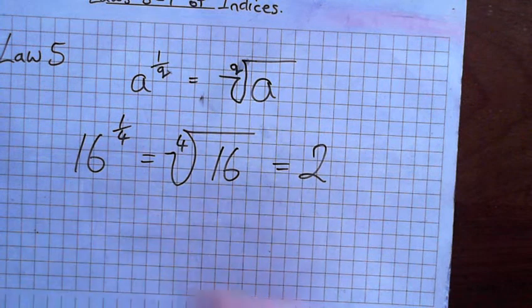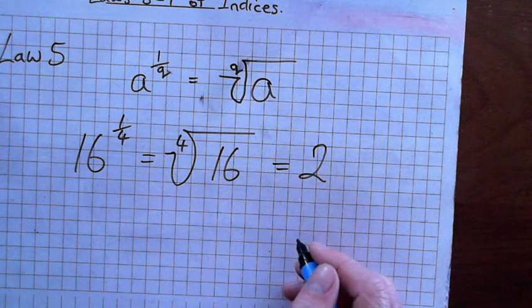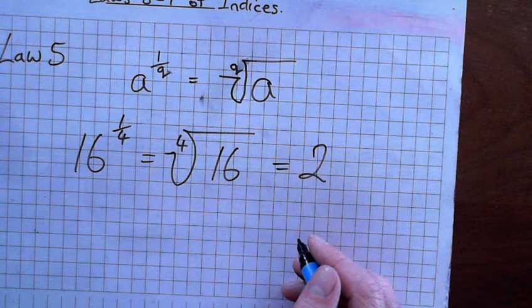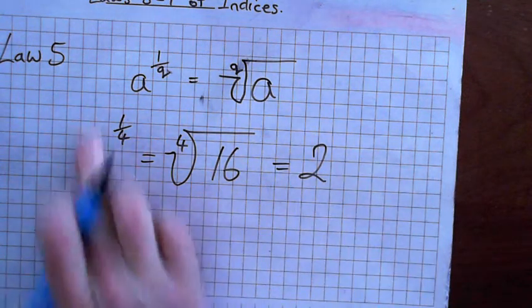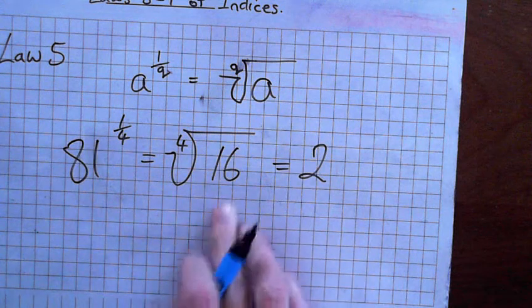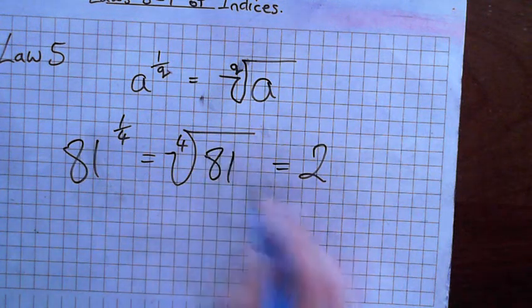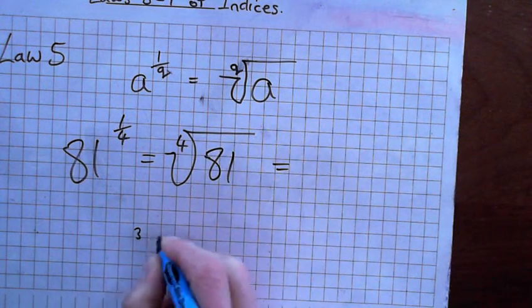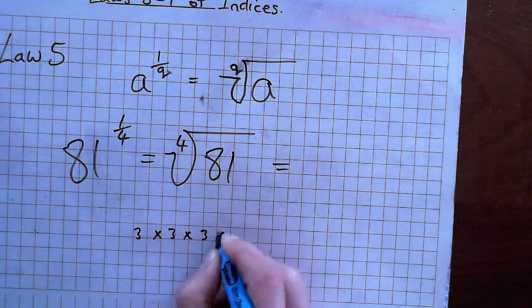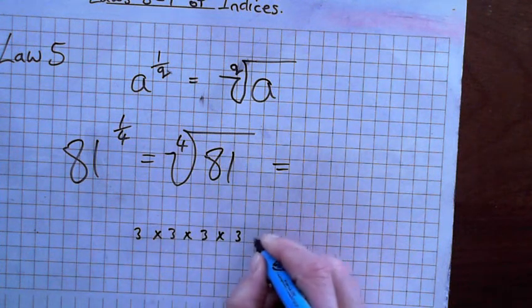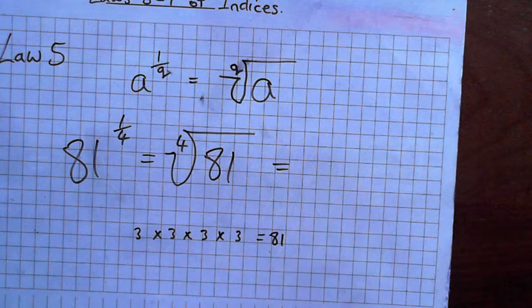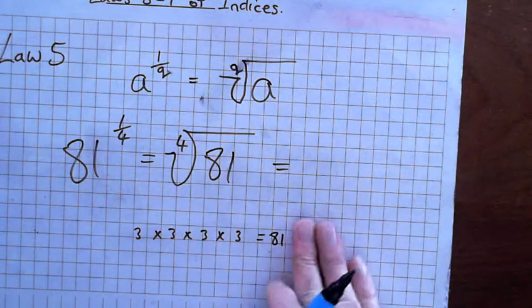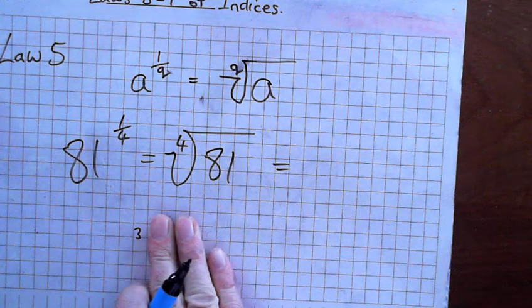If I went 3 by 3 by 3 by 3, what's that? 9, 27, times 3 is 81. The fourth root of 81 is 3.